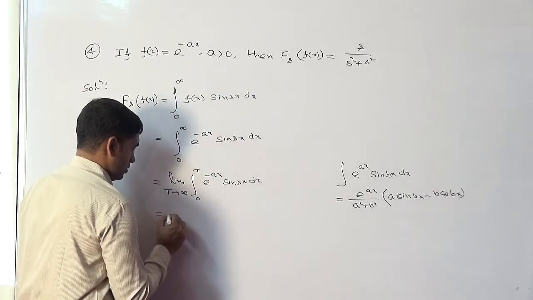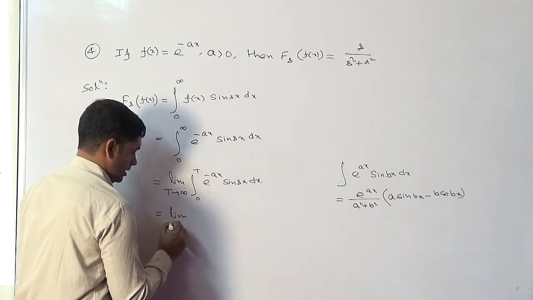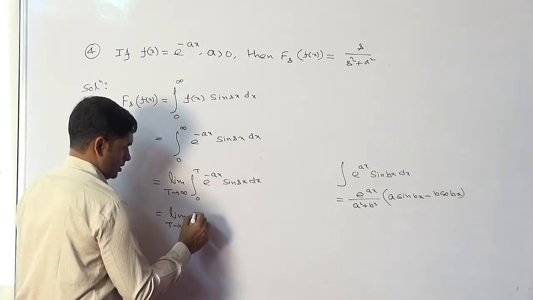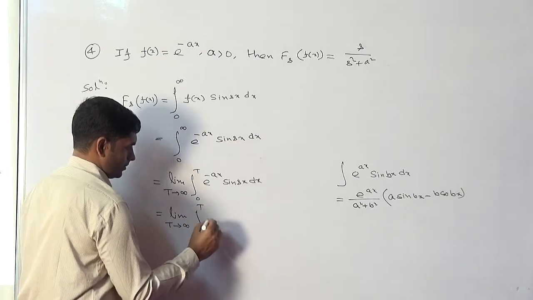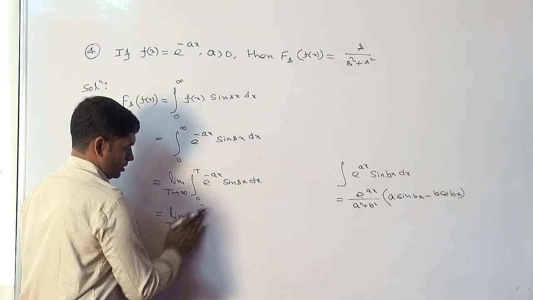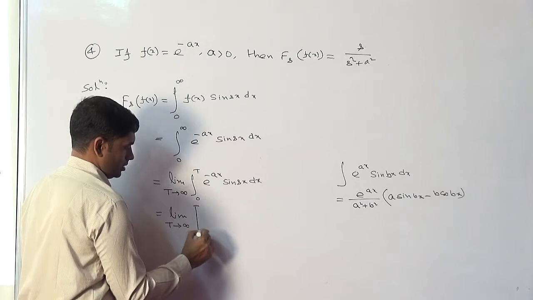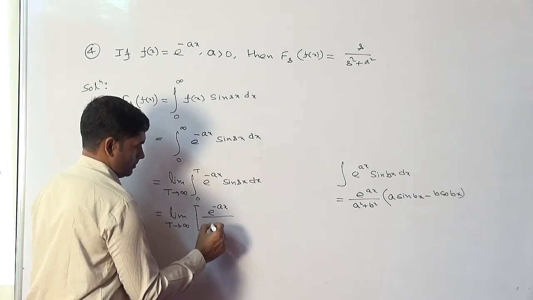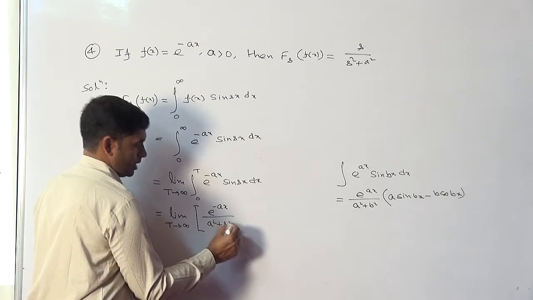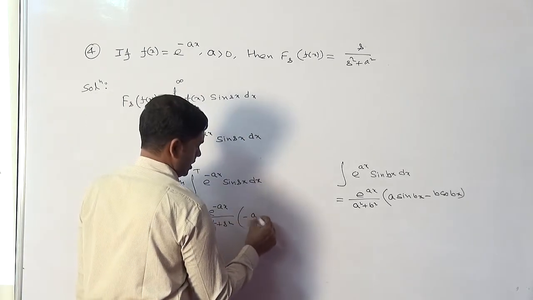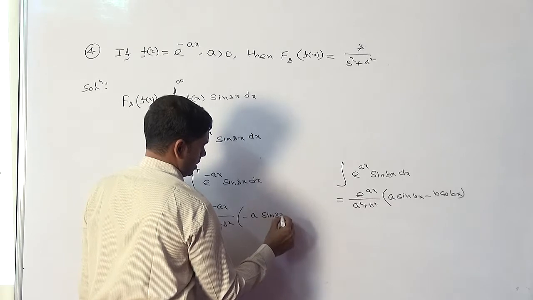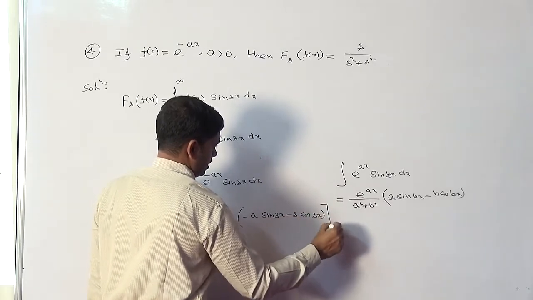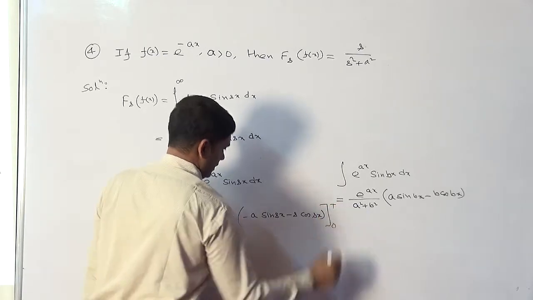Therefore this integration will be the limit t tends to infinity, from 0 to t. So we will write the integration e to the power minus ax over (a squared plus s squared) times (minus a sin(sx) minus s cos(sx)), from 0 to t.